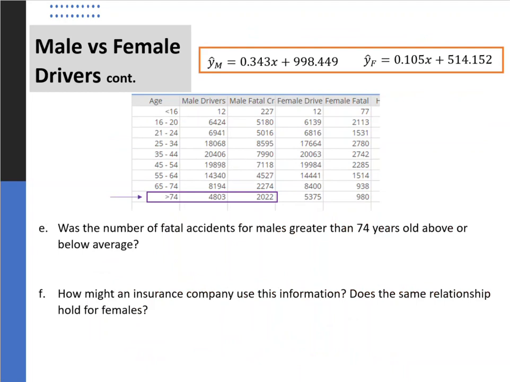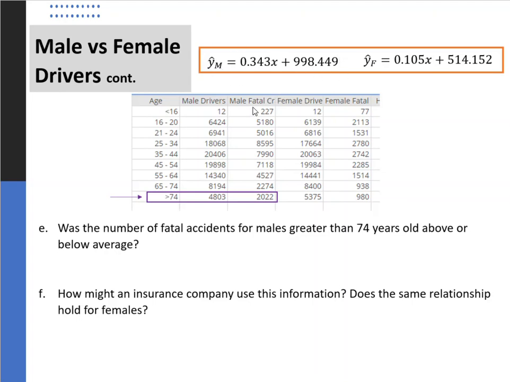One more example. Was the number of fatal accidents for males over 74 years old above or below average? We're doing the exact same thing again. I've put our equation for the males up here at the top.